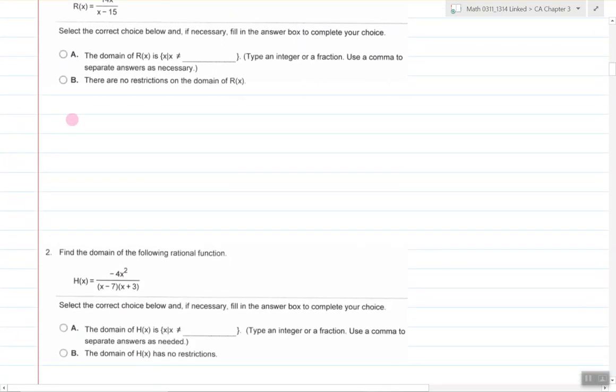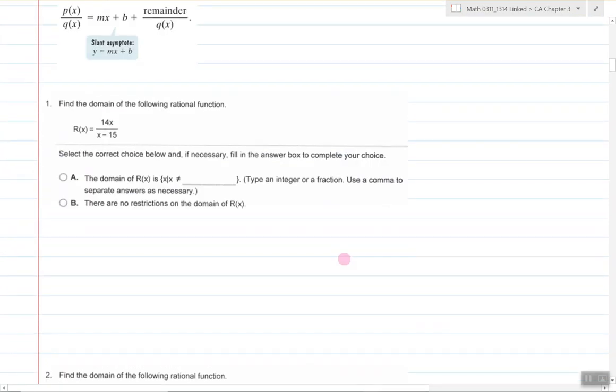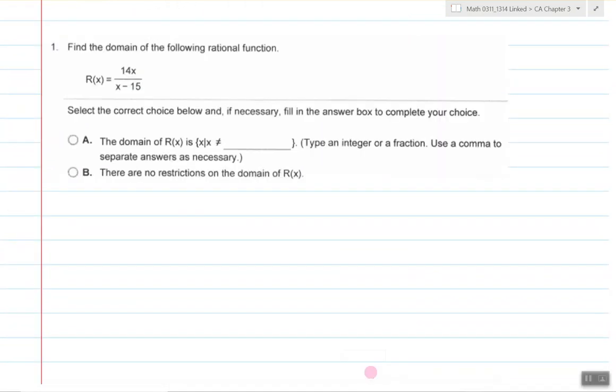Here we go. Let's take a look at number 1. It asks you to find the domain. All you need to do to find the domain is look at the denominator. You're looking for exclusions. This should be very familiar.